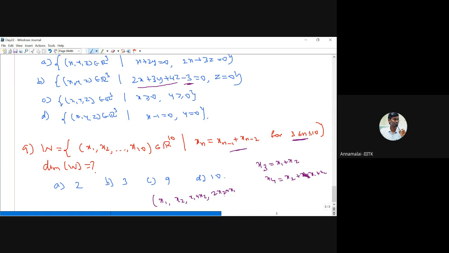Anyway, the unknowns we are using are x1, x2. If we take x5, this is the sum of the previous two terms, x4 plus x3, and x4 is in terms of x1, x2, x3 also in terms of x1, x2. Therefore if you take anything up to the last term, only two unknowns we are using, namely x1 and x2. Therefore the number of unknowns is 2, therefore the dimension is 2.